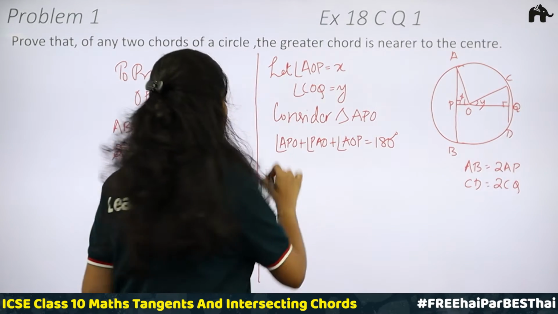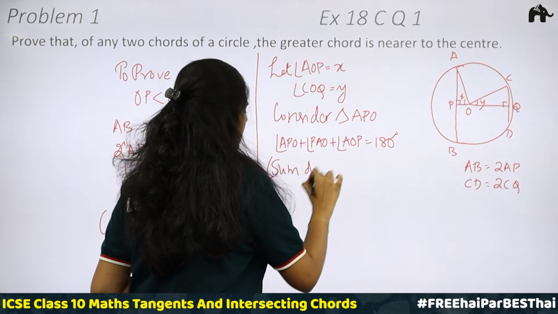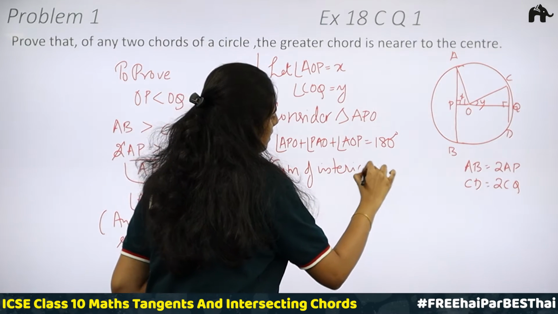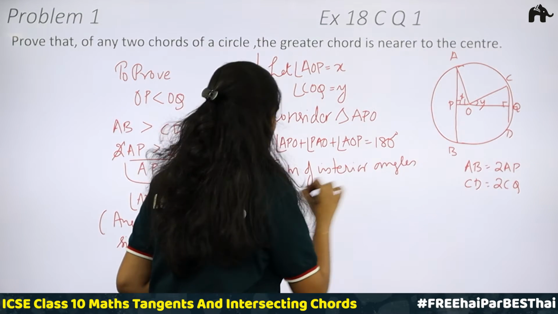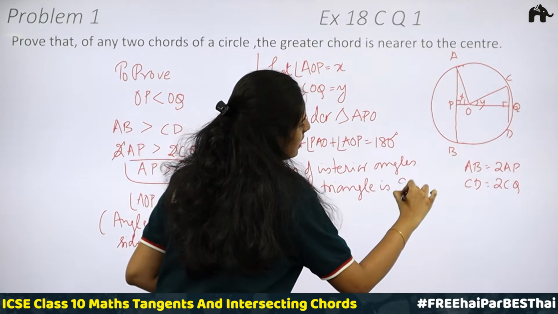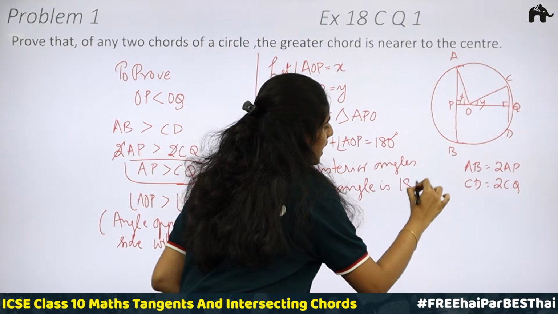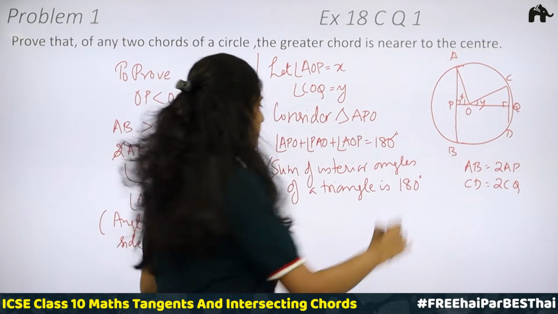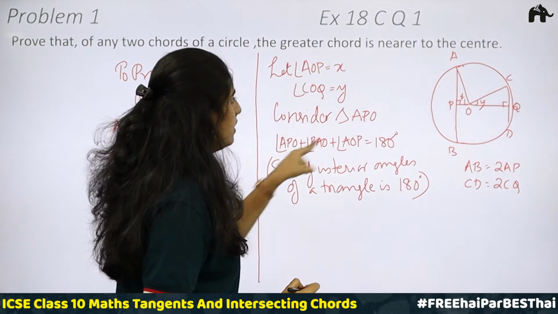What is the reason? Sum of interior angles of a triangle is 180 degrees.